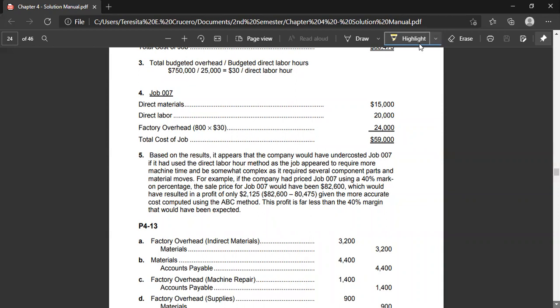So we have direct materials 15,000, direct labor 20,000, and factory overhead, assuming the rate used is the direct labor hour method.